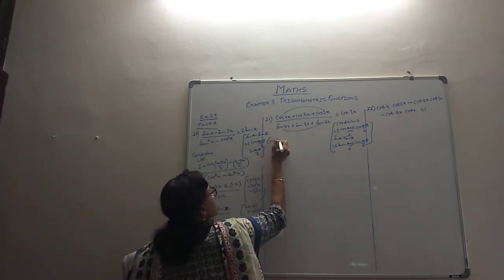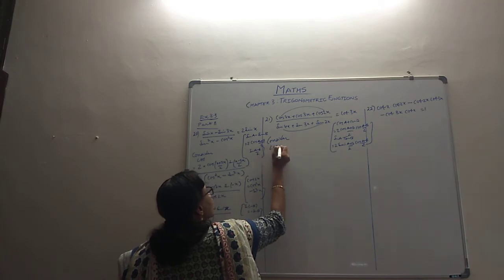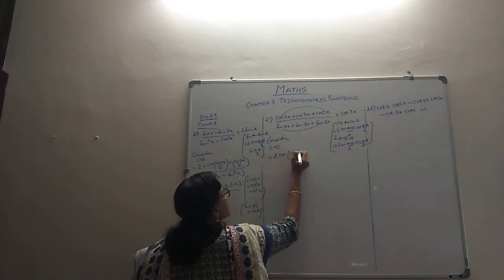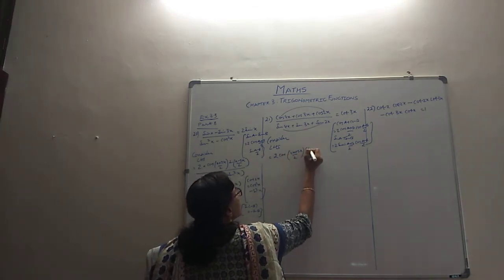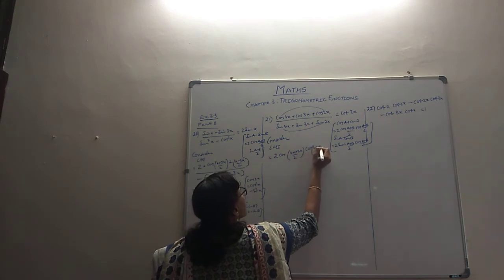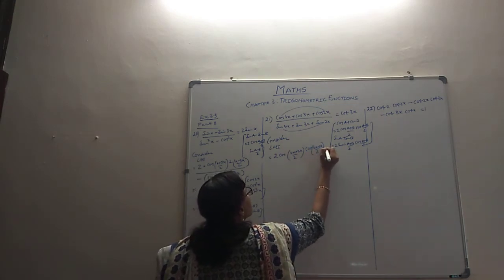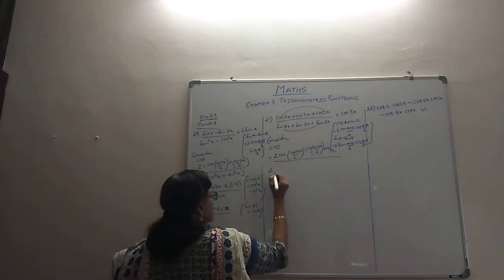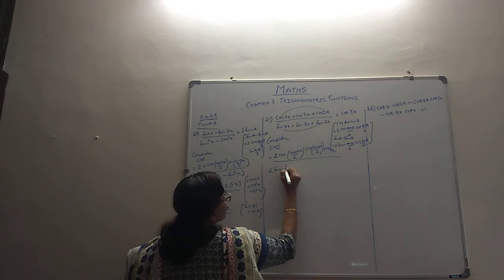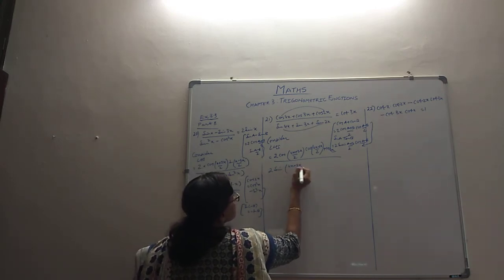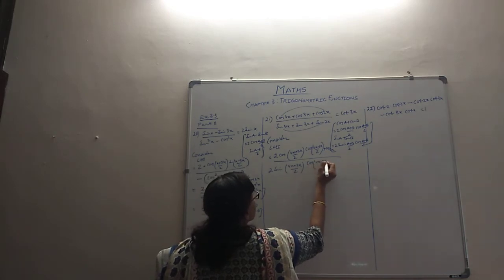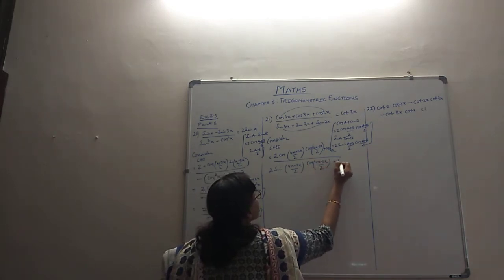We have to first consider the LHS, and there we have clubbed the terms, and that works out to 2 cos (4x plus 2x) by 2 cos (4x minus 2x) by 2 and plus cos 3x. Denominator, you have 2 sin (4x plus 2x) by 2 and cos (4x minus 2x) by 2 and sin 3x.